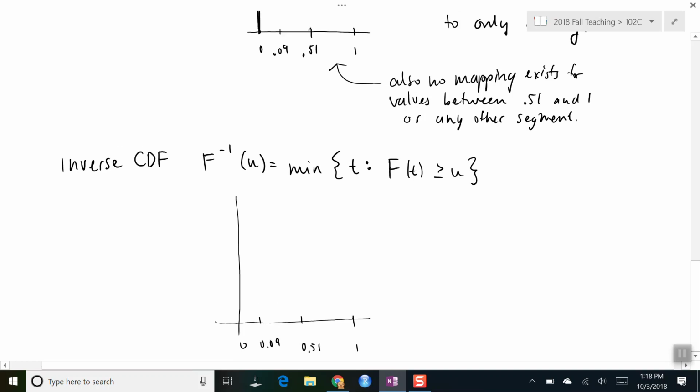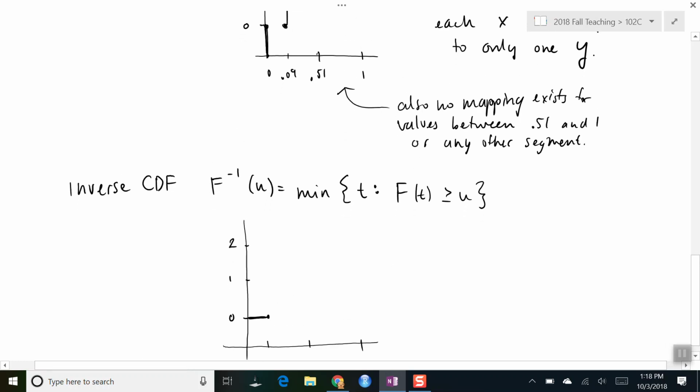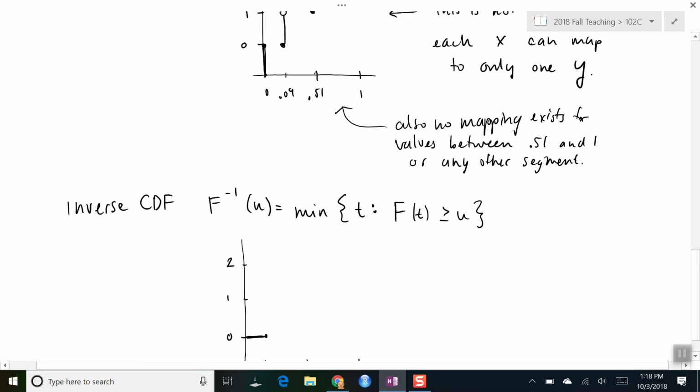Okay, so the minimum value of t, this is the case. What that basically turns our mapping from 0 to 1 is that it maps it as such.